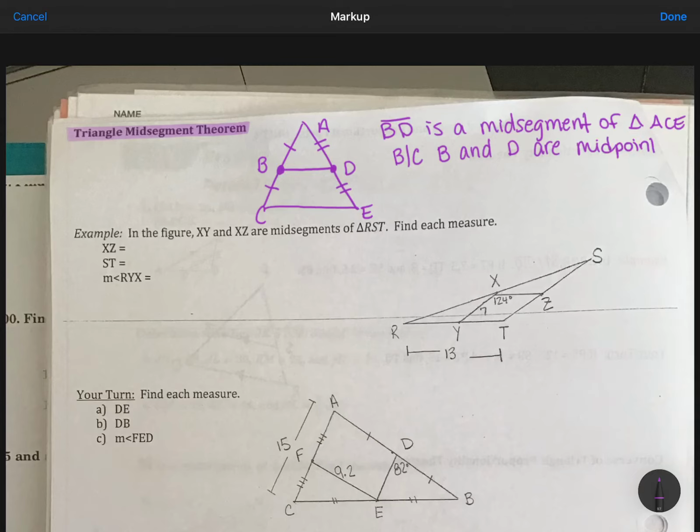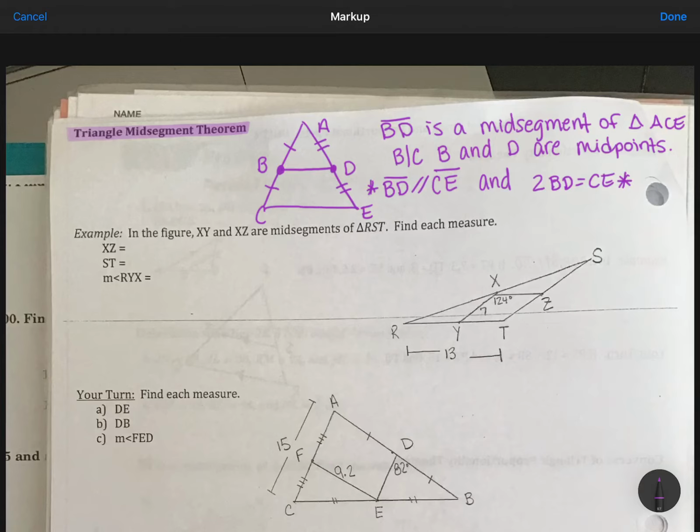They either have to tell you they're midpoints or they have to be marked on the diagram. Because BD is a midsegment, we have what's called the triangle midsegment theorem that says BD is parallel to CE, and 2 times BD equals CE. So that is what the midsegment theorem states.